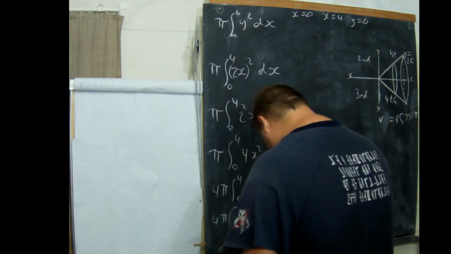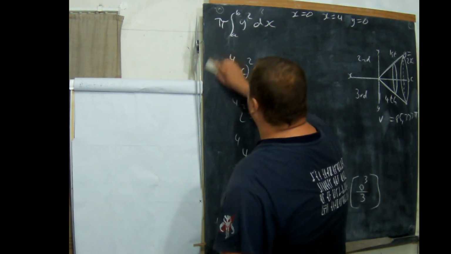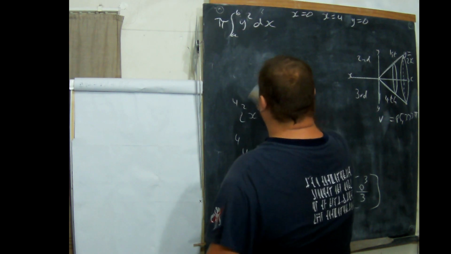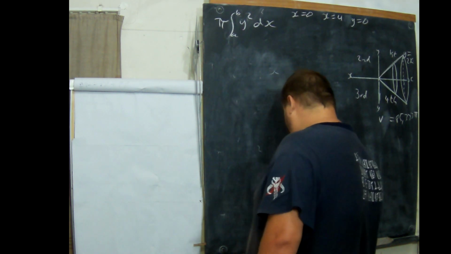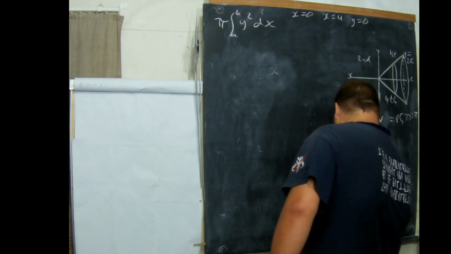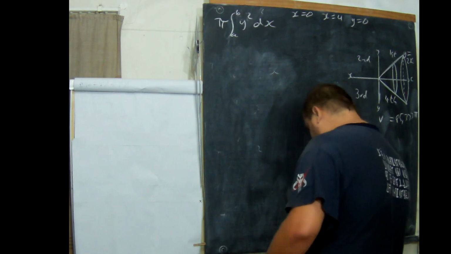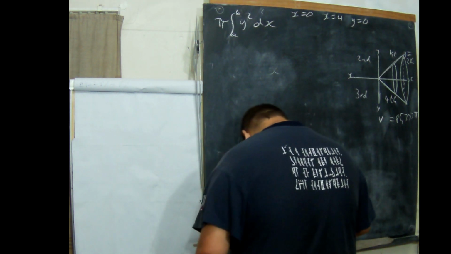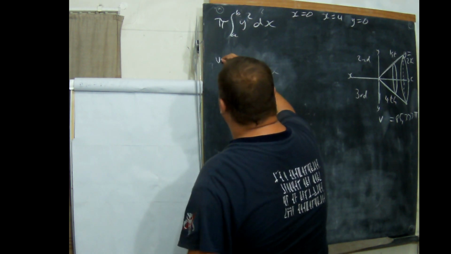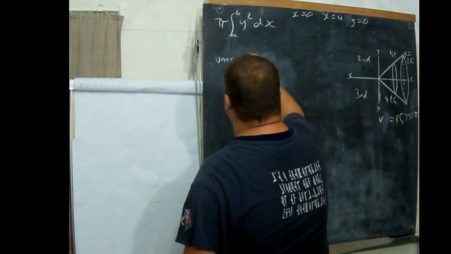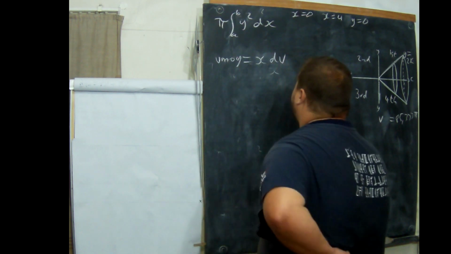So now what we're going to do is find V moment about the y-axis, VMOY. VMOY equals x dV.